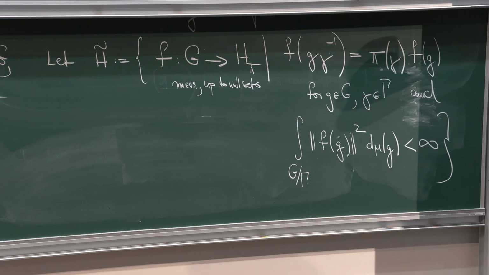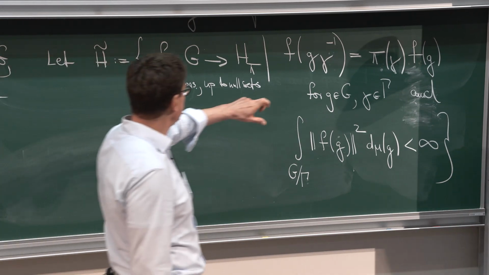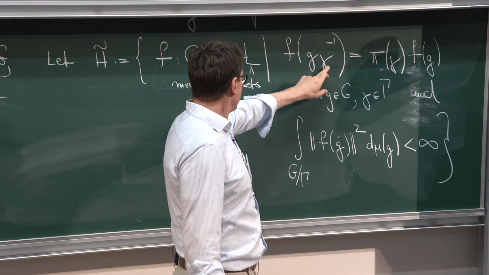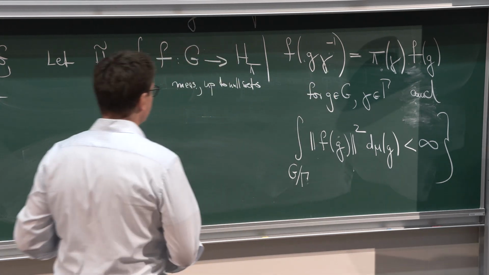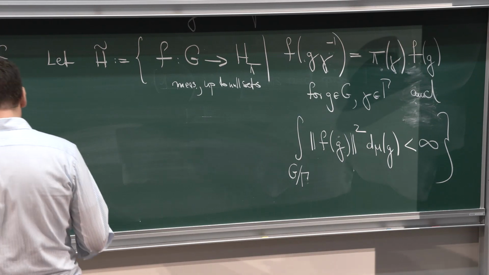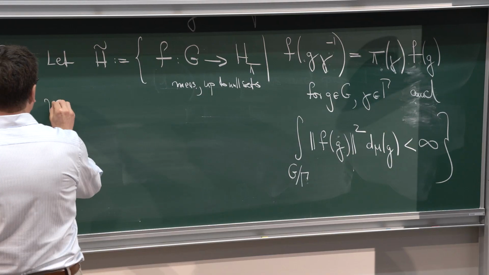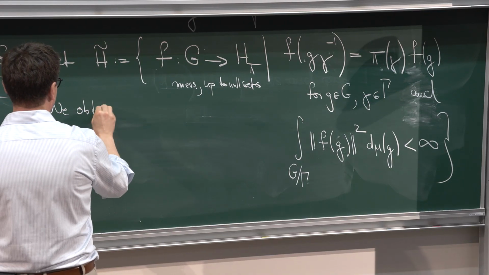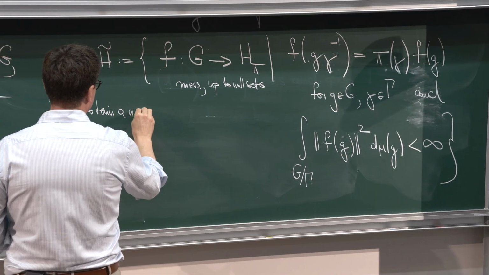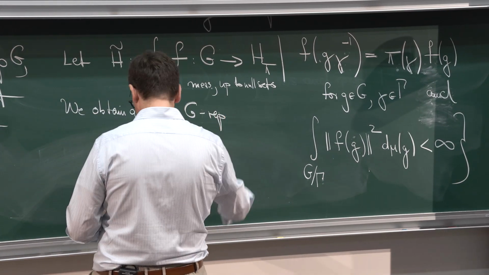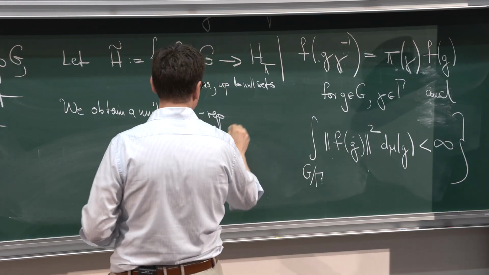And G still acts on this Hilbert space. We still have one action left: we act on the right entry, and we can also act via G on the left. That gives us a unitary G representation.